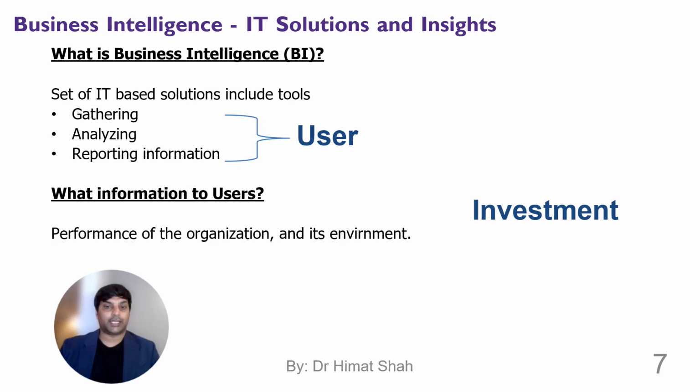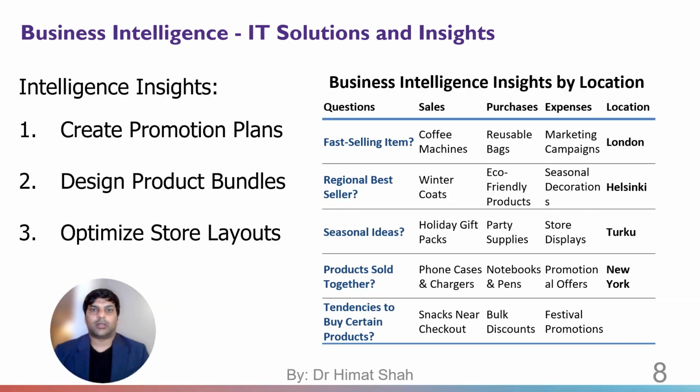We can see an example in the next slide. Yes, this is the example where I gave you business intelligence insight by location in a table, which business organizations, business owners, investors, and different users want to know.